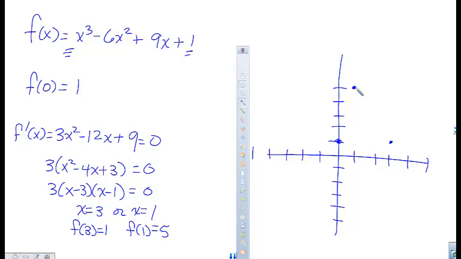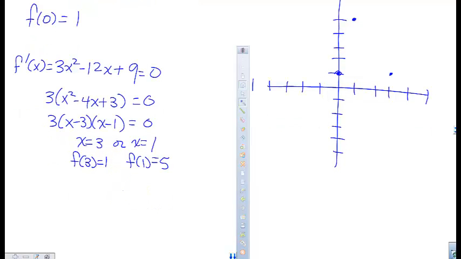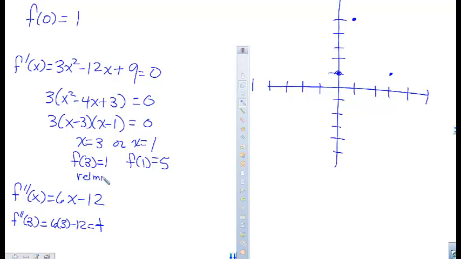Now we need to know if these are relative maxes or relative mins. So I'm going to look at my second derivative, 6x minus 12, and plug in 3. I get positive, which means this is concave up, so we have a relative min.